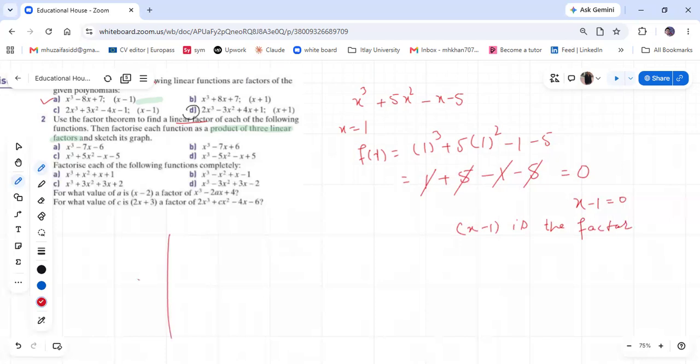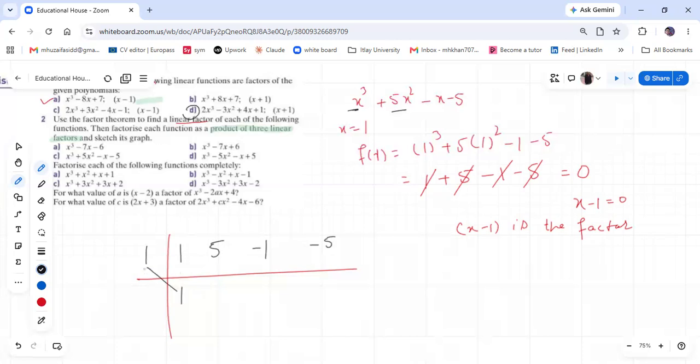Okay, now we are drawing the synthetic division. Here the coefficient is 1. Here we have the x square term, this is 5, then the x term, this is minus 1, and this is minus 5. Now we are working with x equal to 1, so we set it, and our first rule is that the first term is as it is, then we multiply to each of them.